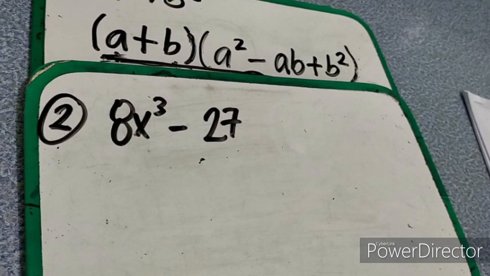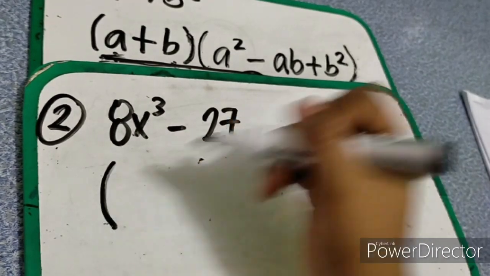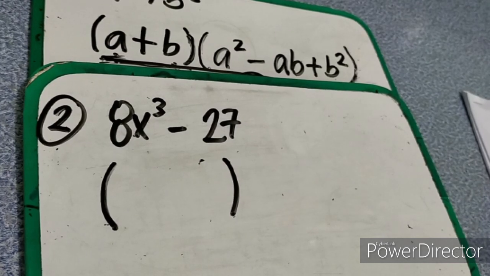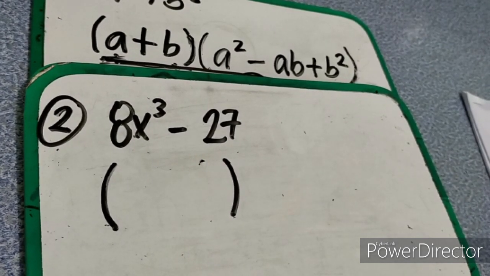Now, let's continue. So, let's solve 8x cubed minus 27. First, let's have the binomial factor. For the binomial factor, of course, the first thing you will do is to find the cube root of 8x cubed and 27.